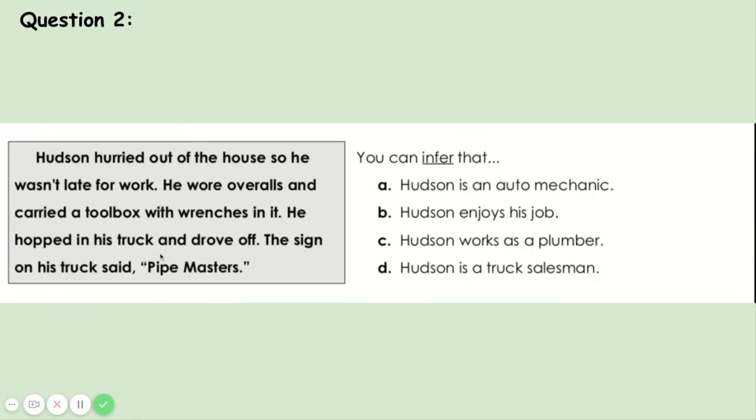He hopped in his truck and drove off. The sign on his truck said, "Pipe Masters." You can infer that A, Hudson is an auto mechanic, B, Hudson enjoys his job, C, Hudson works as a plumber, or D, Hudson is a truck salesman?